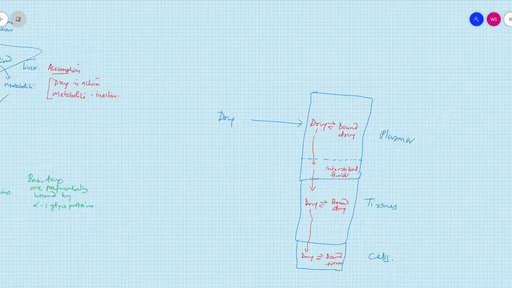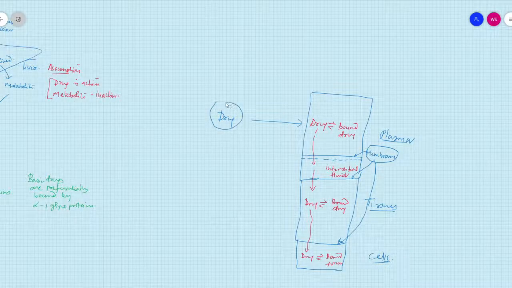What's important to remember here is that the drug crosses membranes. This is a membrane, as is this membrane, as is this membrane. So the drug has to cross membranes to enter into the different compartments.